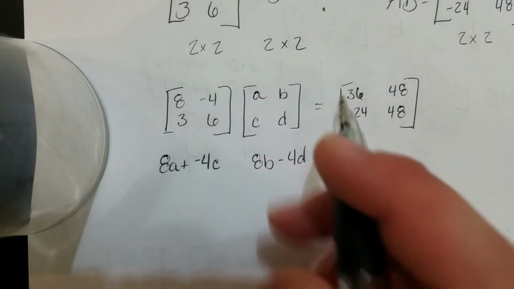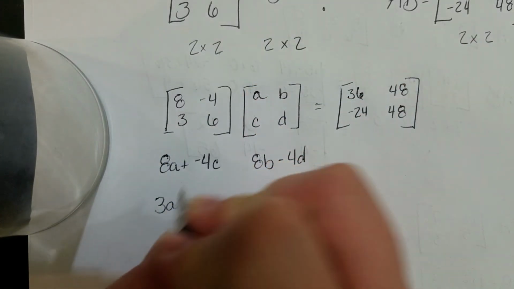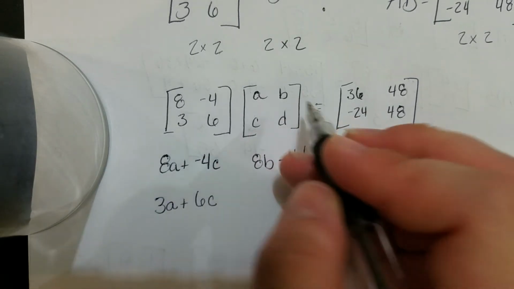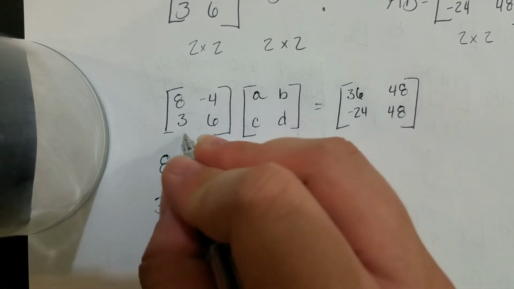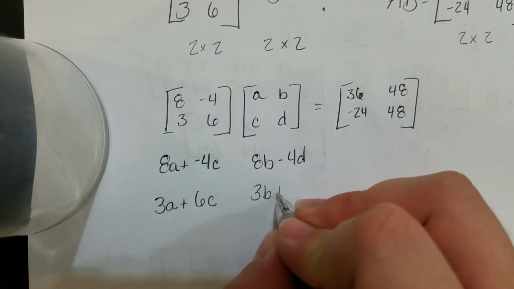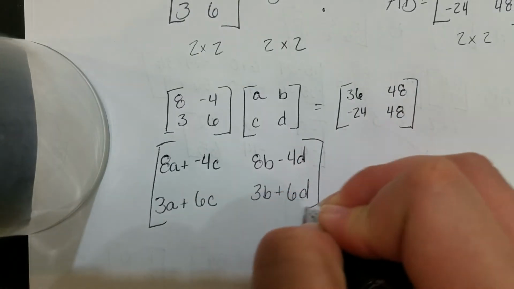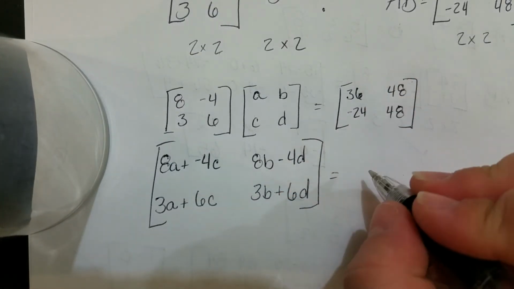You've got 3 times A plus 6C, and then again 3 times B plus 6D. Okay, this thing has to equal this answer.